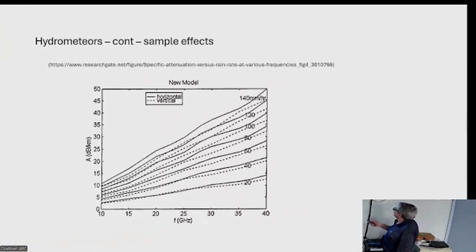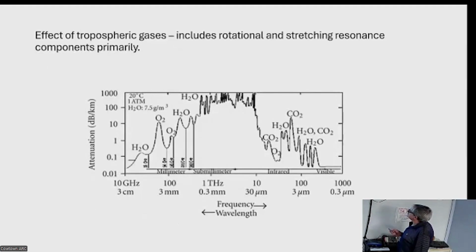But anyway, this just gives you an idea of the attenuation that occurs at different rainfall rates in millimeters per hour, all the way down to 10 gigahertz. And you can extrapolate somewhat linearly and get a pretty good idea of what it might look like below that. And this is my last slide.